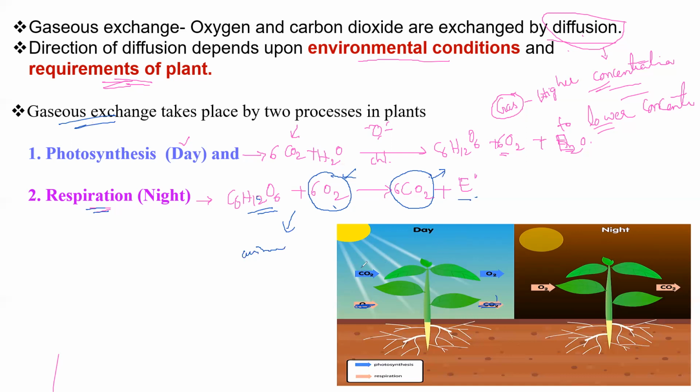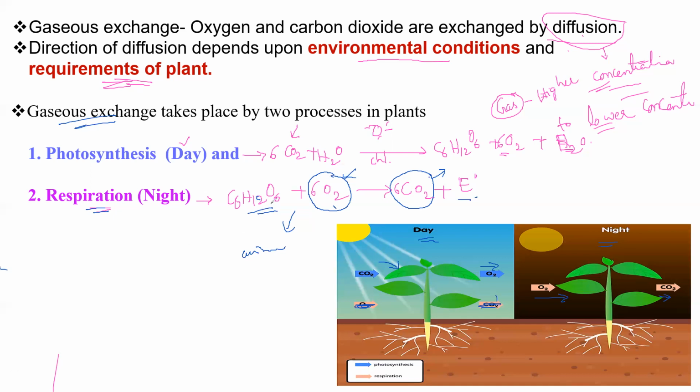Here, carbon dioxide is taken by the plant during the day, and oxygen is released by the plant. At night, oxygen is taken by the plant and carbon dioxide is released by the plant. Okay. Here, you may understand one thing.